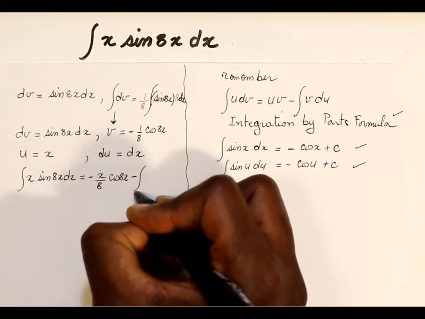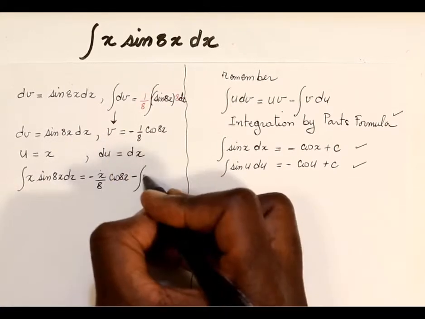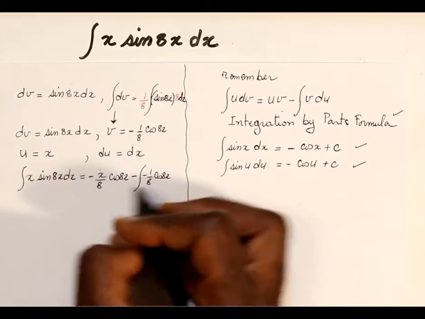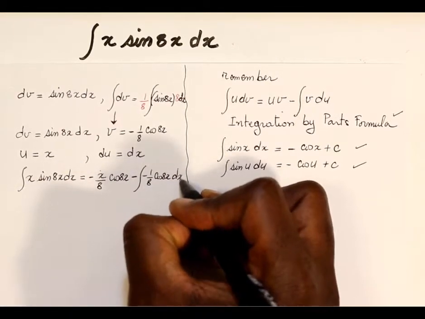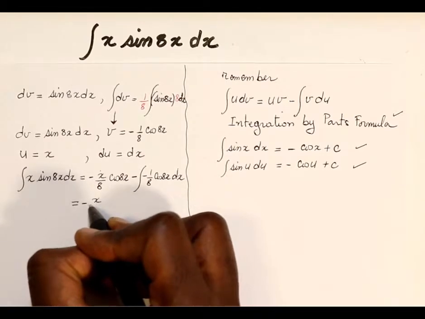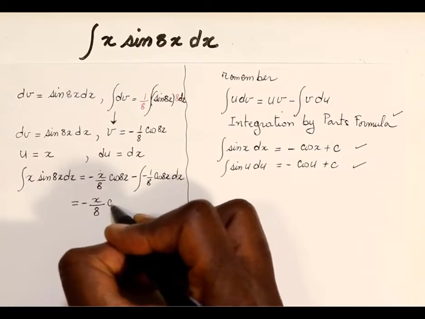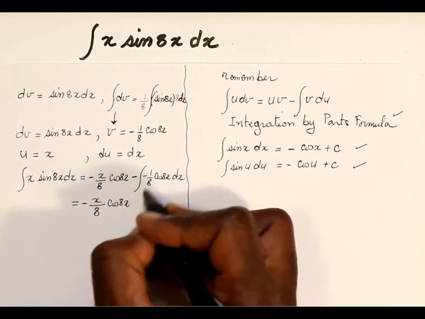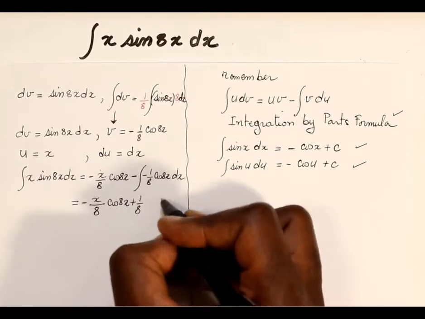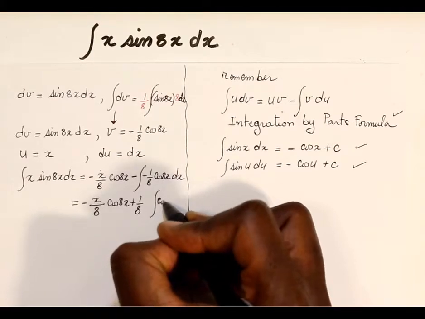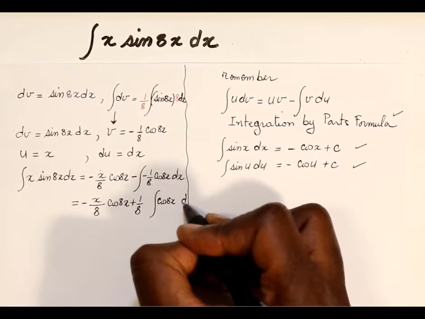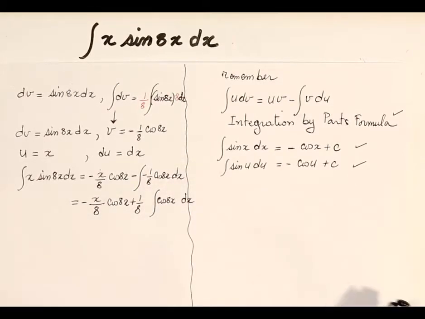So it's minus the integral of negative 1/8 cosine 8x, and du is equal to dx. Here we go. Negative x over 8 cosine 8x, minus a negative is positive, so it's positive 1/8 cosine 8x dx.